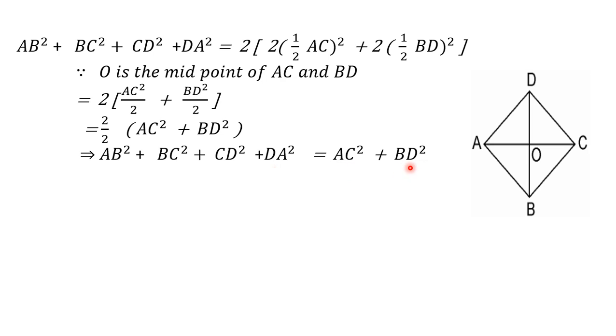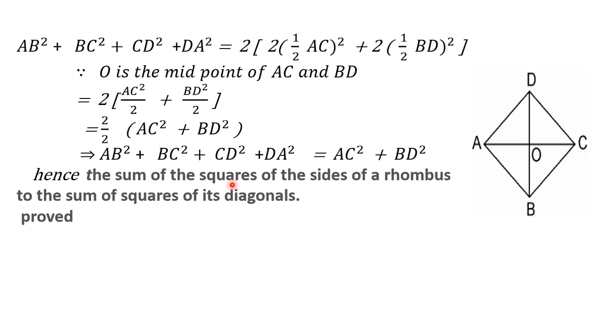And AC square plus BD square is the sum of the squares of the diagonals. So we proved that the sum of the squares of the sides of a rhombus is equal to the sum of the squares of its diagonals. So it's proved.